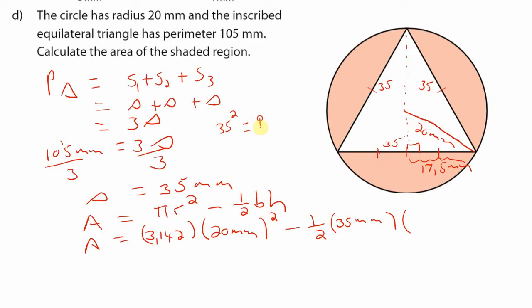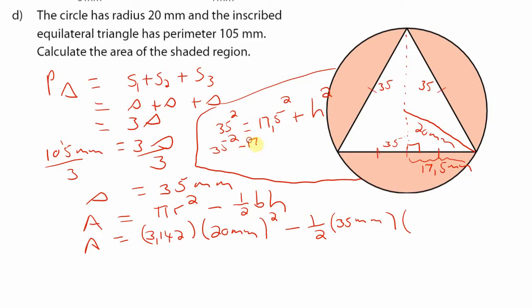The one is 17,5 squared plus the other one is the height, which we want to know, height squared. So now we can swim across the river. We have 35 squared minus 17,5 squared equals h squared. When we swim across the river, the positive becomes negative.